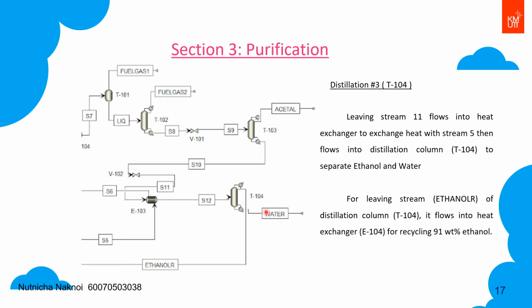The purity of ethanol at the top product stream is about 91%. It recycles to the reactor. The bottom product, or water, is an impurity because it is contaminated with ethanol. The wastewater is disposed of further.